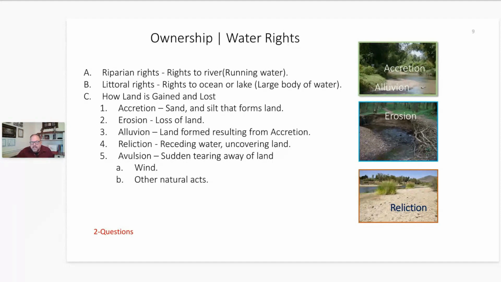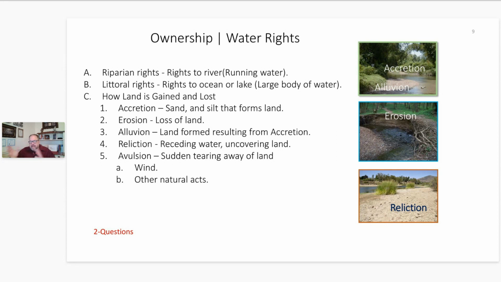Now, the first one is called accretion. The little memory aid I like to use for the state exam, if I see a question like this, is to reference it as a credit. If you give somebody a credit, they're in the plus, right? If I credit you with $100, I'm giving you $100. I'm not going to debit. I'm going to give you. So a credit, accretion.